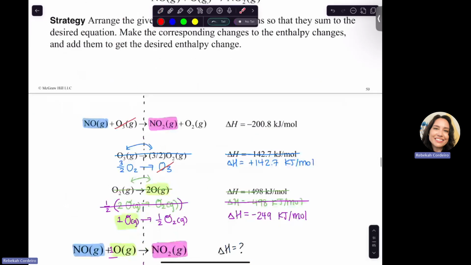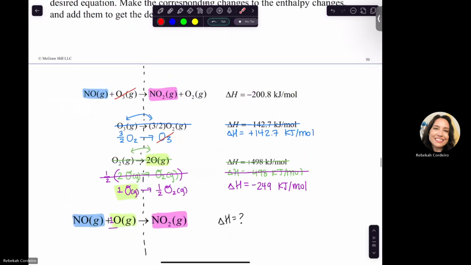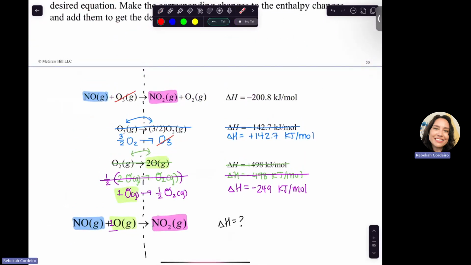For O2s, I have 3/2 on this side, and I have 1 plus 1/2. So 1 plus 1/2, think about this as 2 out of 2, right? So if I add this up total, I have 3/2 O2 total on the right side.